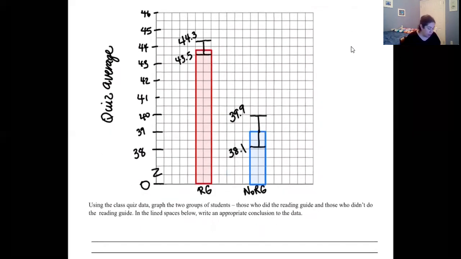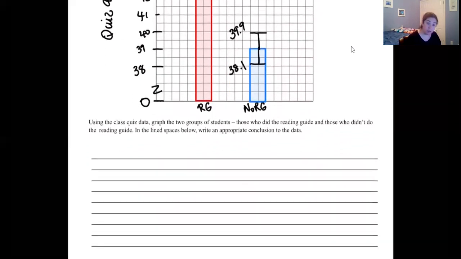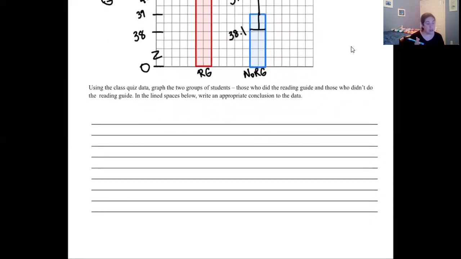Using the class data, graph the two groups of students, which we did, those who did the reading guide, those who did not. In the line spaces below, write an appropriate conclusion to the data. So when you're writing your conclusion, what I'm looking for on the rubrics is, did you talk about a statistical difference? And then did you back that up by talking about the SEM bars to support your conclusion? So on a graph like this, the conclusion would sound something like this.